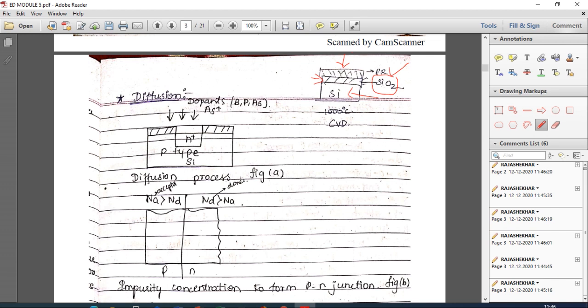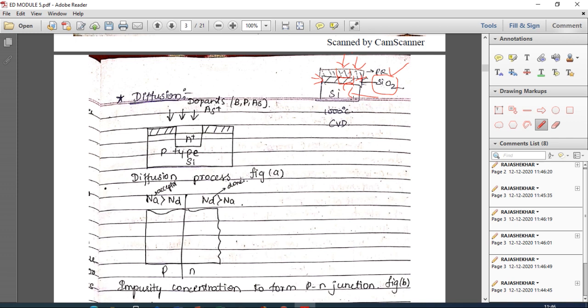We call this etching. For example, if this area of the photoresist is exposed, this part will be etched away completely, and then we can dope the N-type material here.